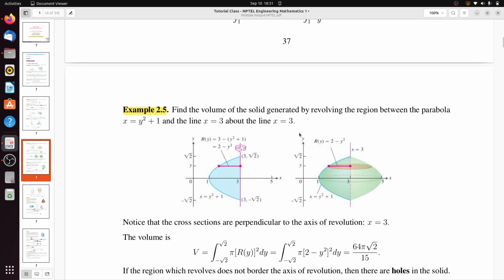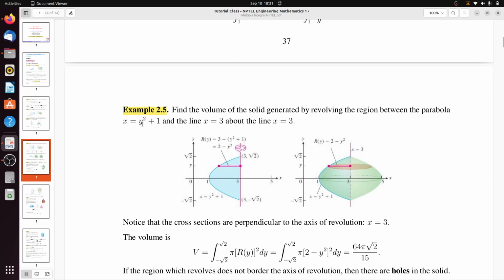Okay, so first of all, this line x equals to 3 is your axis of revolution, right?